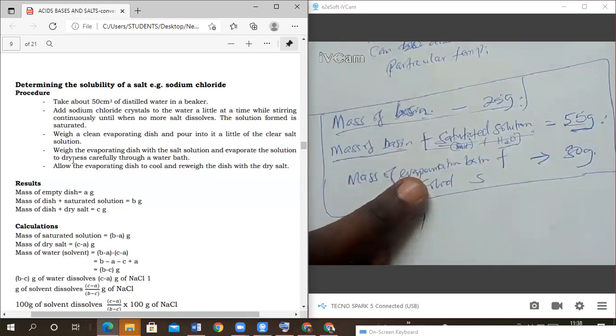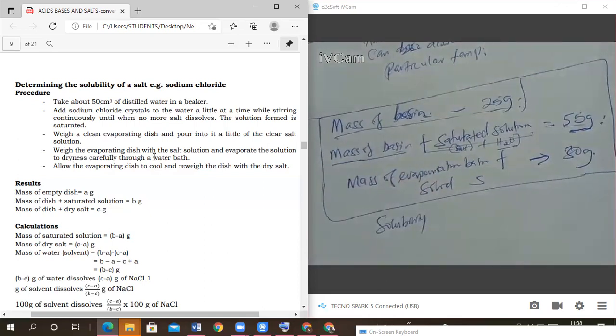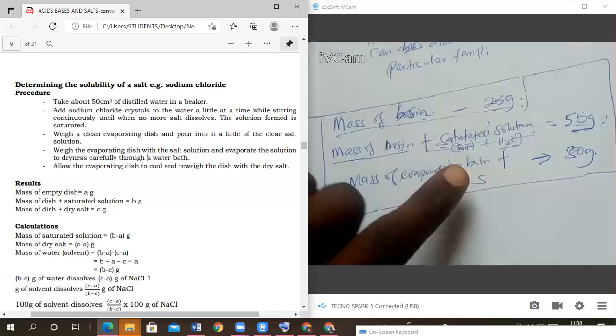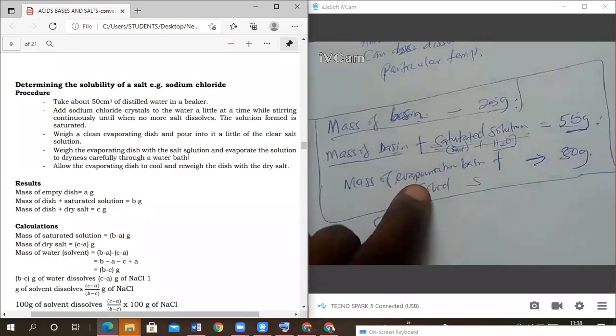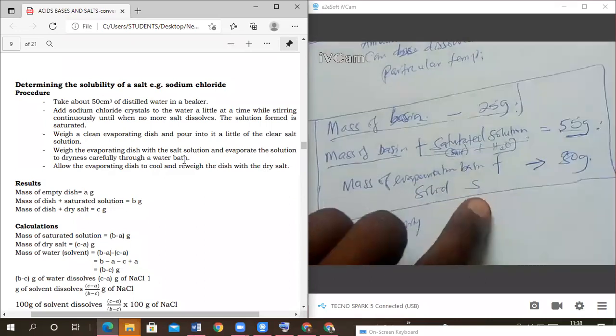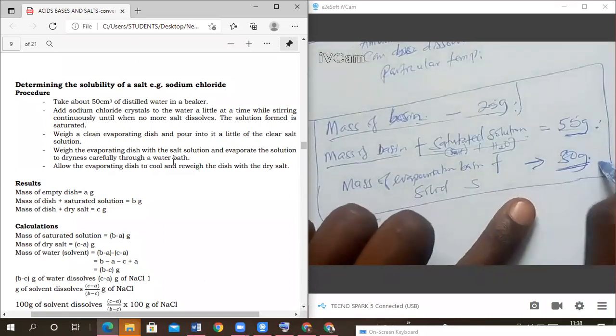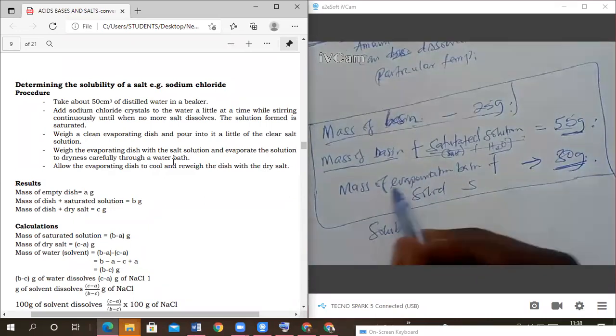Here they are saying weigh the evaporating dish, this one also, and evaporate the solution to dryness. So now here we have the mass of the evaporating basin and the solid to give us 30. Here there are two things.